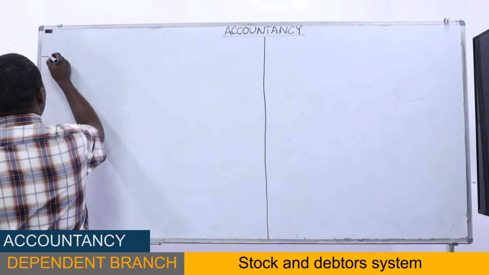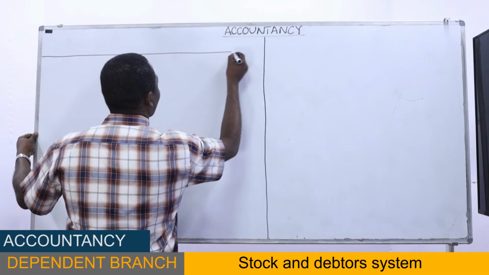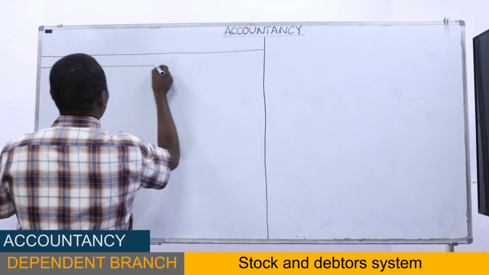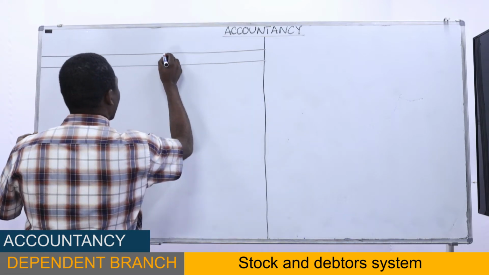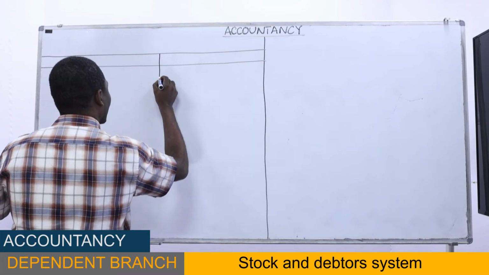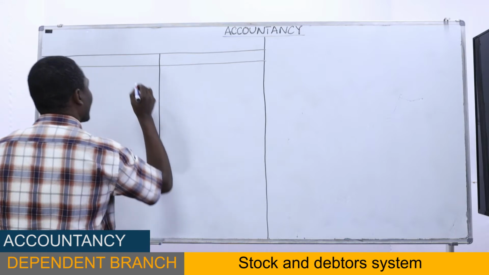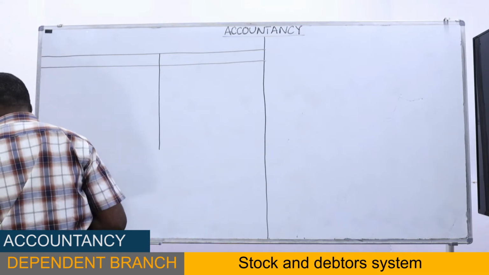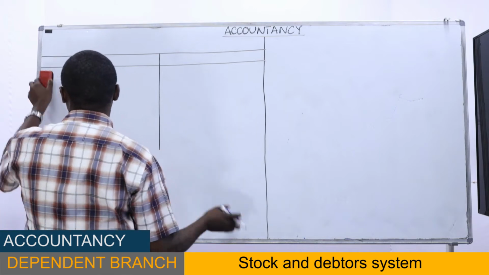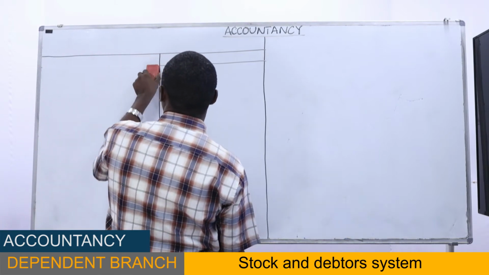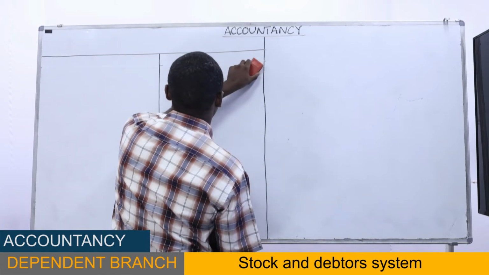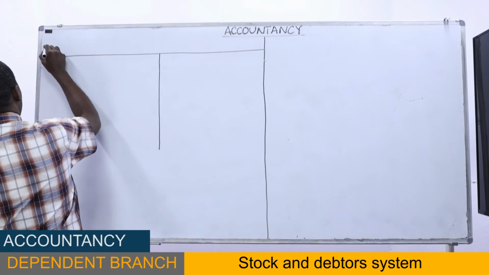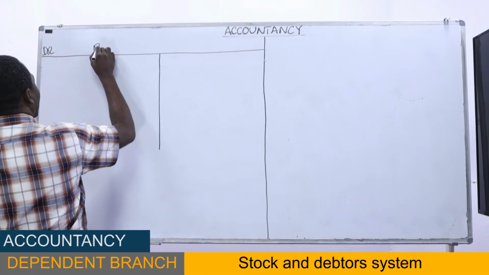Let us start with the branch stock account. Okay, so this will be ruled at one column. So we write here debit.